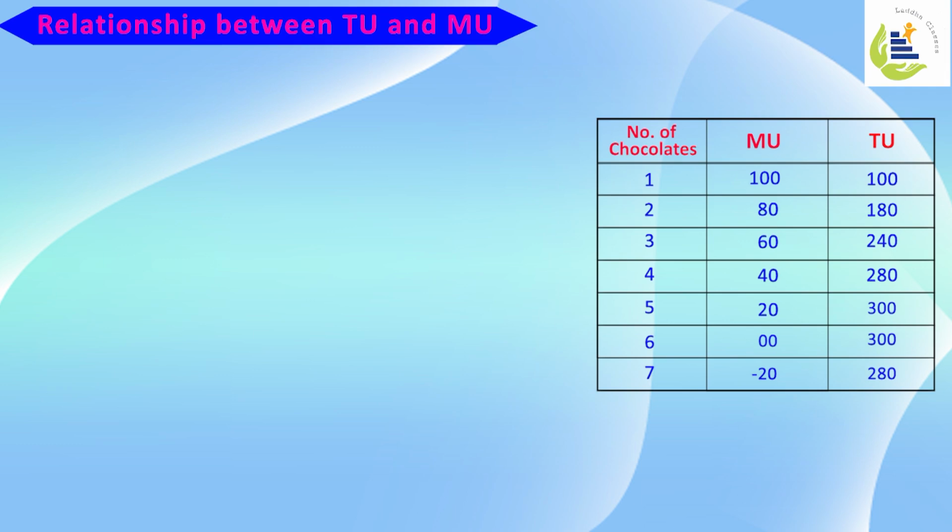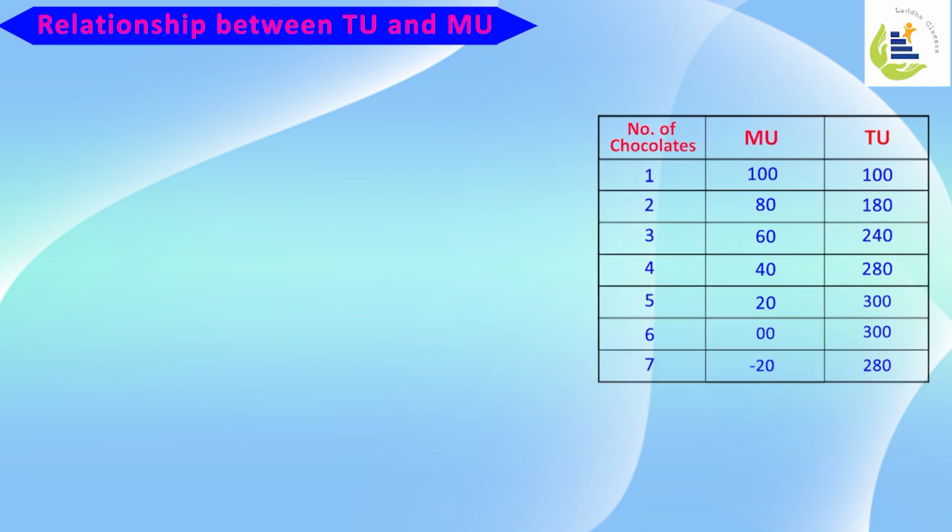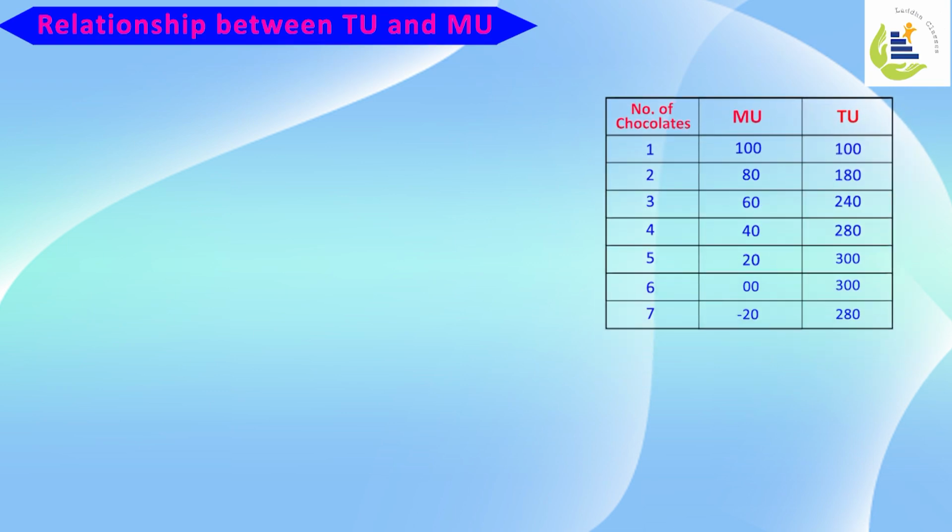Look here at the first commodity. When only the first chocolate is consumed, what do I observe? My marginal utility and total utility are 100 units. So for the first commodity consumed, marginal utility and total utility are equal. As I keep on increasing the repeated consumption of the commodity, in this case chocolate, what did I observe?